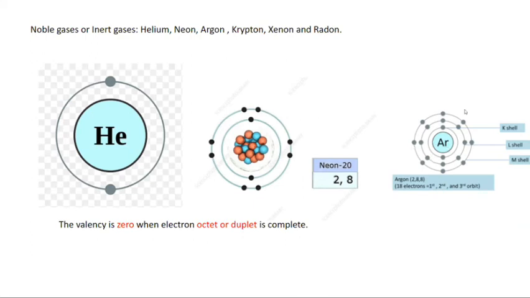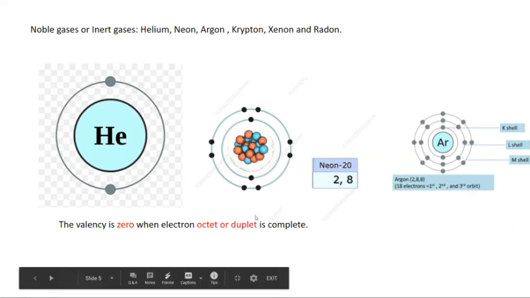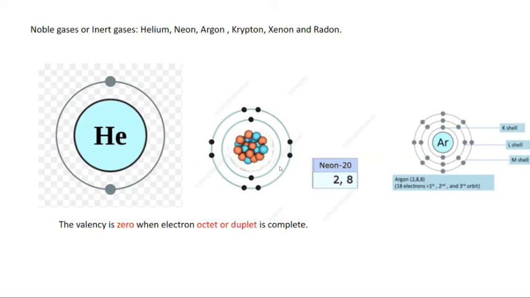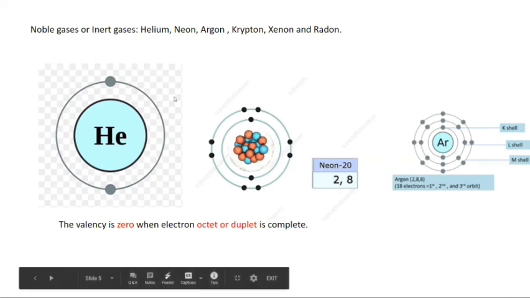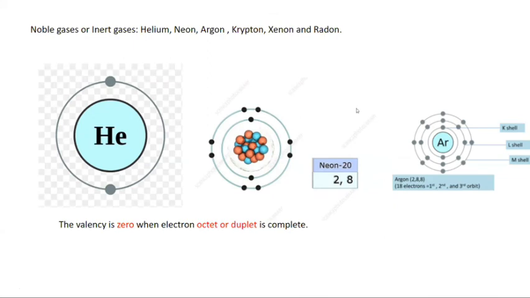The outermost shell of argon also has 8 electrons. So for helium, neon and argon, the valency is 0 because they completed a duplet or octet. So these types of elements are known as noble gases or inert gases.